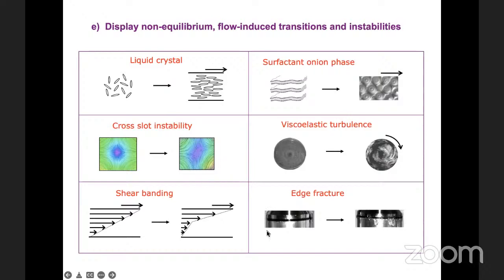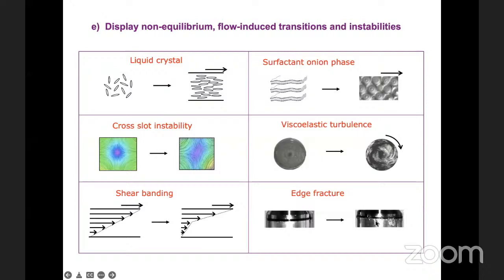So here we see a very unpicturesque example where what we have here is a gap that's filled with fluid, and that fluid is being sheared by spinning round this top disc relative to the bottom one. Now, at a low rotation rate, the fluid remains nicely confined within the gap and its edges have been nicely trimmed to start with. But at a high enough flow rate, you can see this goo that basically exudes out of the side of the gap here.